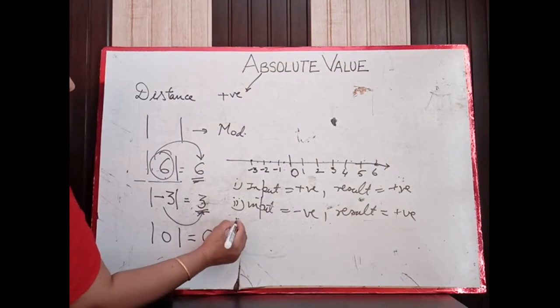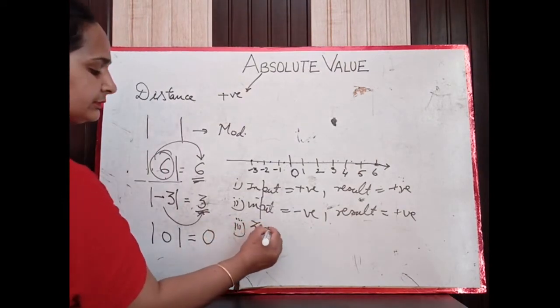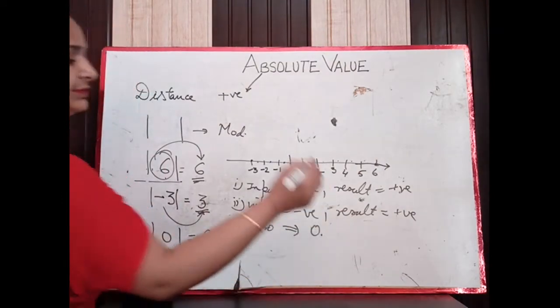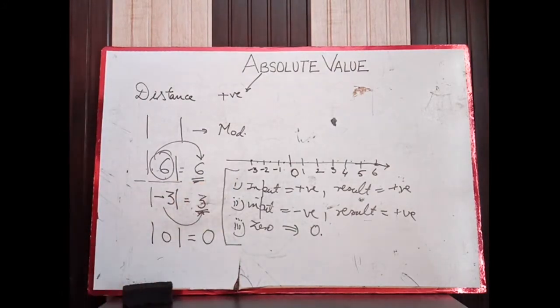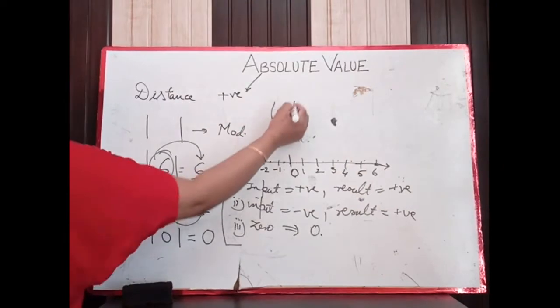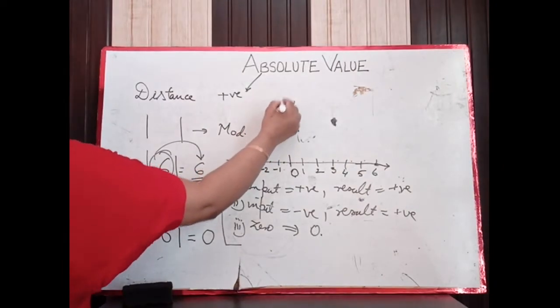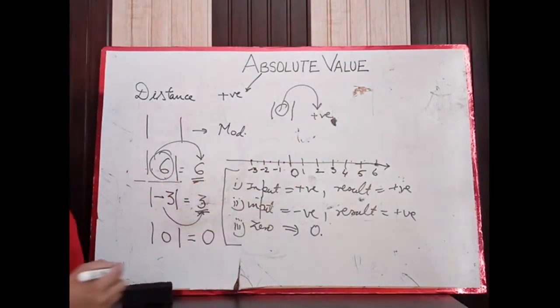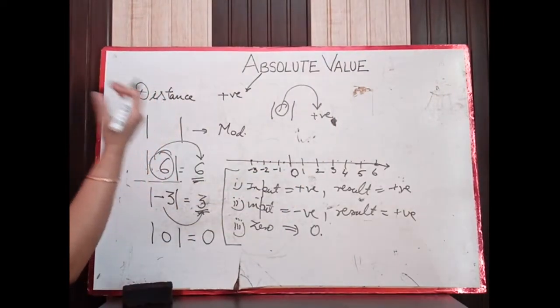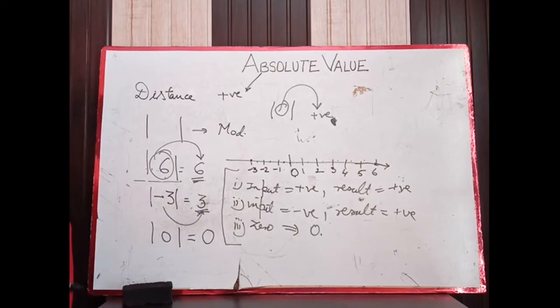If the input is 0, then the result will be 0. These are the 3 points that we have to remember, and we can say absolute value is like a factory. Whatever comes inside of this, the result will always be positive. This is the definition and meaning of absolute value.